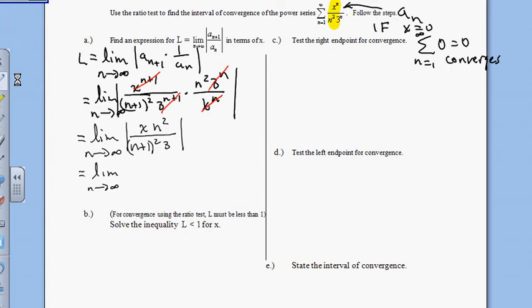Notice that the n squared, the n plus 1 quantity squared, and the 3 are all positive. The only quantity that can possibly be negative is x. So the x stays within the absolute value bars. There's a 3. Then we have an n squared over the quantity n plus 1 squared. Again, we're taking the limit as n increases without bound.